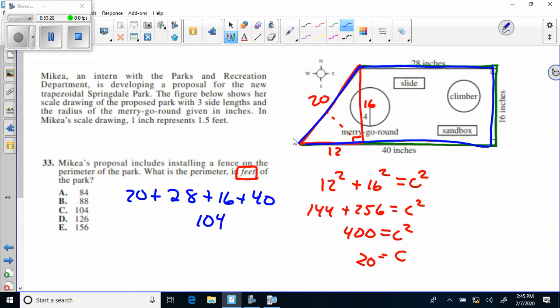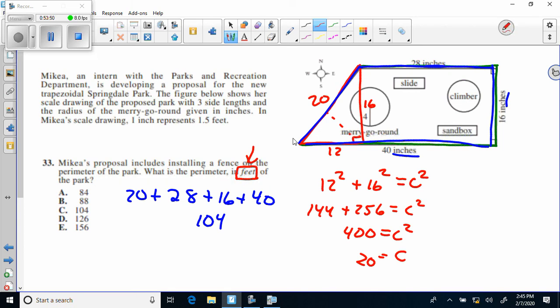If you add all those together, and you can throw that in your calculator, that is not the right answer. And the reason it's not the right answer is because that's inches. Remember that everything in this was a scale factor of inches. And they asked us to find it in feet. That's why we blocked this little guy off, or squared it, and said we have to have it in feet.